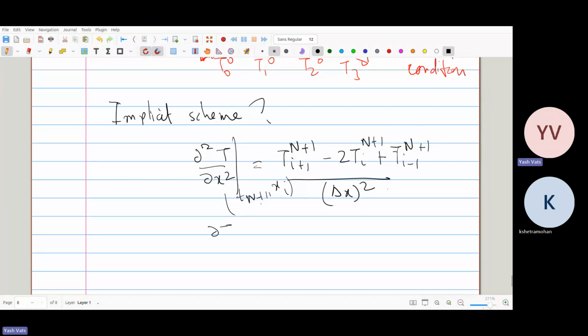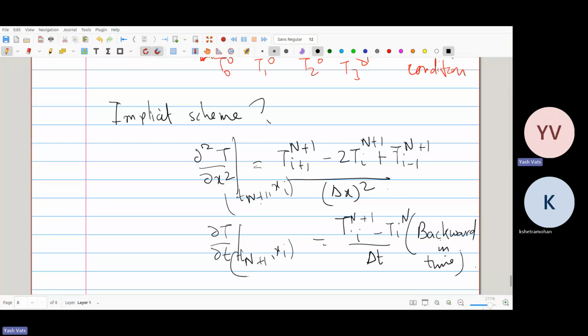And del T over del t can be approximated in this way: (T_i^{n+1} minus T_i^n) divided by del t. This is a backward difference, backward in time.